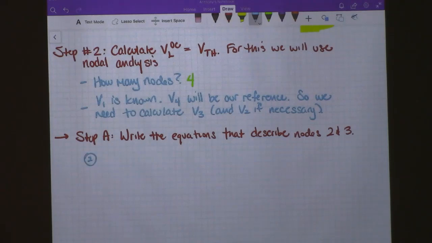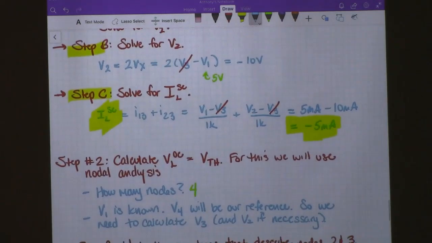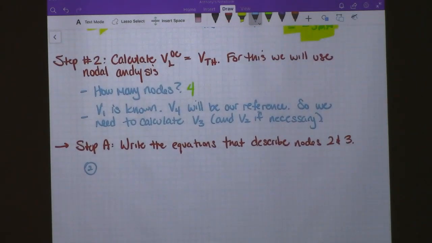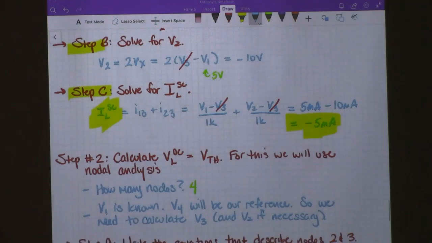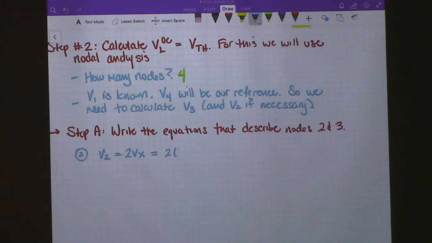Node 2 we've already done, so we're going to use that same expression again. V2 equals 2 times Vx, which is equal to 2 times V3 minus V1. In this case, V3 is not the reference, so we can't just get rid of it.